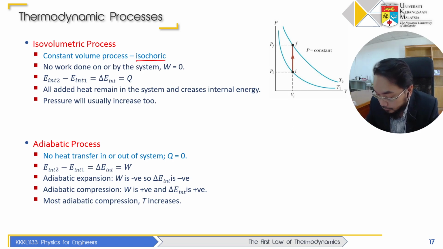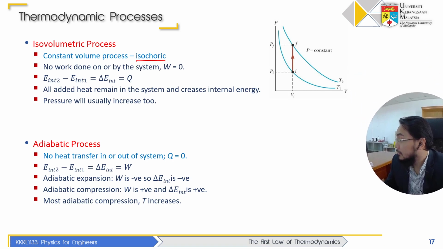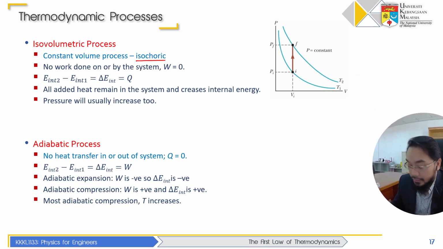If you plot the PV diagram of an isovolumetric process, this is the line, the pathway from initial to final. No work is done by the system or on the system, because if you try to calculate it, a straight vertical line, you integrate it, the result is 0. So that's why W is 0.